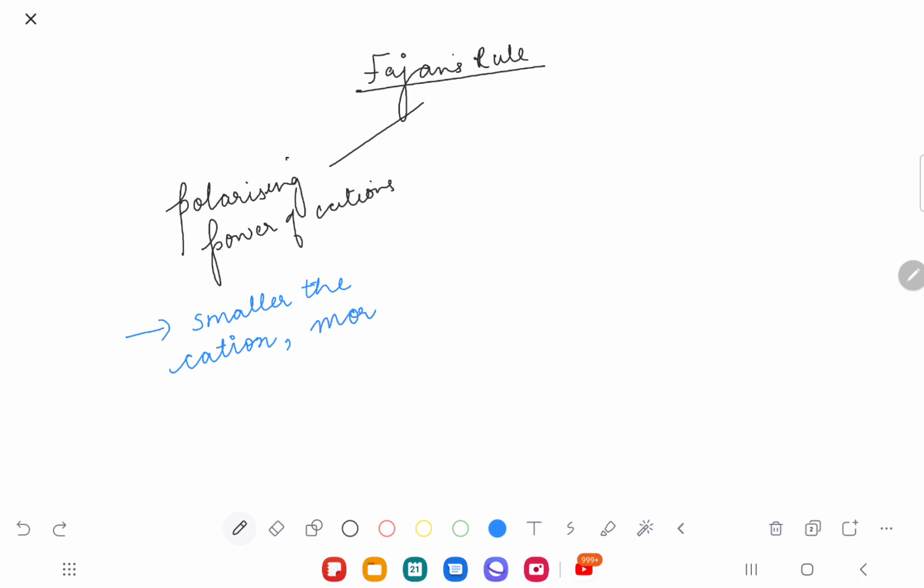More, because it is holding its electrons tightly and it is also sending its force of attraction outside the ion to a greater extent. So it is going to pull the electrons of the anions more tightly, and smaller the cation, more is the polarizing power. Yes or no?